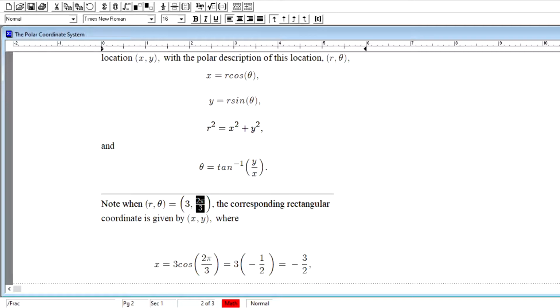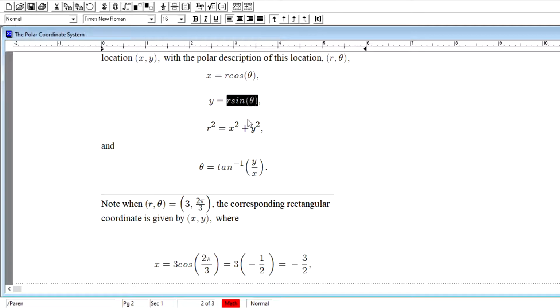We would just plug r and theta into this formula up here for x and find, since the cosine of 2 pi over 3 is negative 1/2, 3 times negative 1/2 in value, which is negative 3/2 for x.